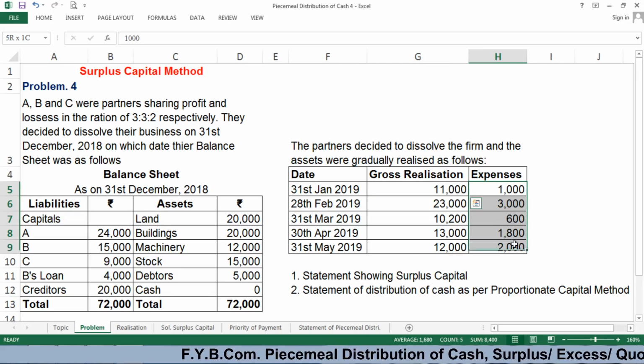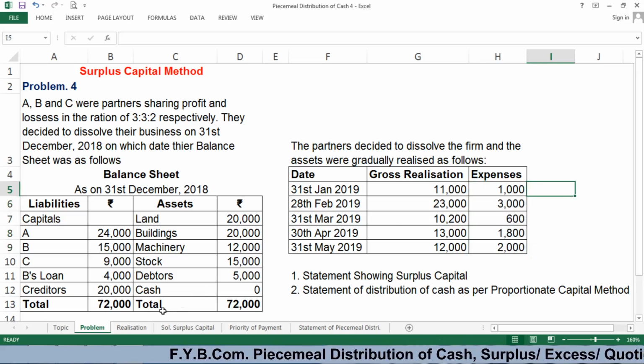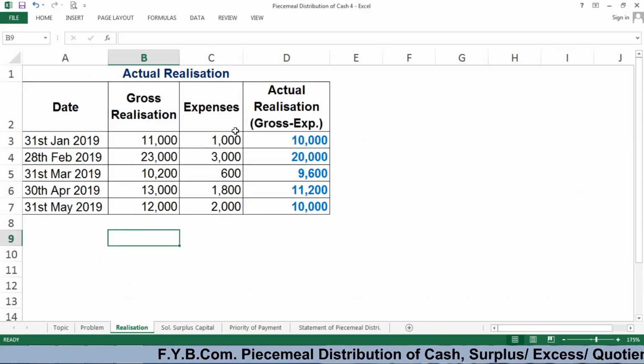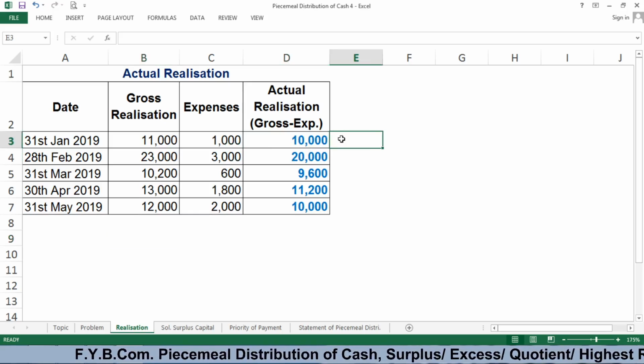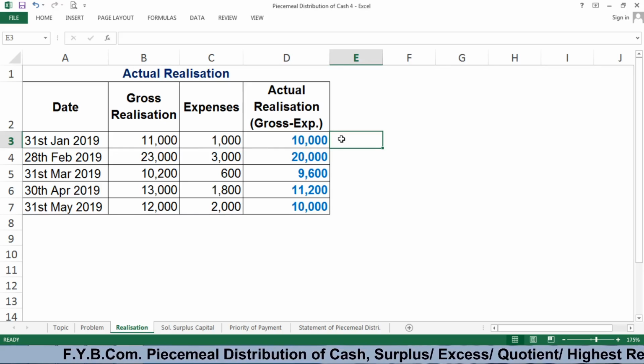And we have these expenses. So we will calculate simply by deducting the expenses from gross realization. Here on 31st January 2019, the gross realization was rupees 11,000. When we deduct rupees 1,000 as expenses, we have an actual realization, that is gross minus expenses, 10,000.